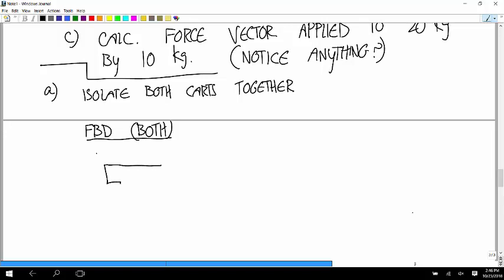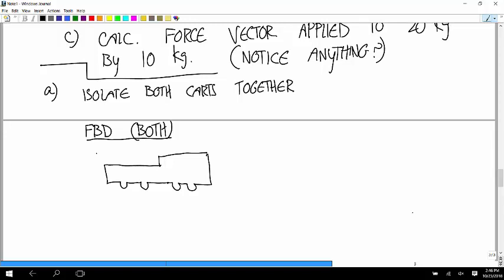I'm going to do sort of a detailed outline just so you can tell what I'm talking about, but you don't have to do it with this much detail. But okay, there's the outline of the system that we're isolating. So that's step one of drawing a free body diagram.